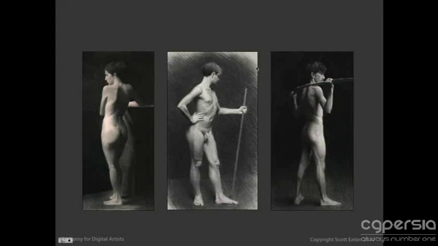These, in the pure academic tradition, were 5-week poses done every day for 3 hours for 5 weeks. So the model would have their feet, their hands, their arms marked at a place that they would look at every day for 3 hours. And you would draw, staring at the figure, the same pose for quite a long time.